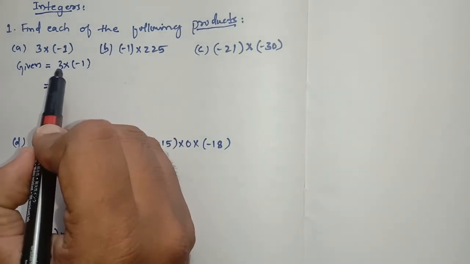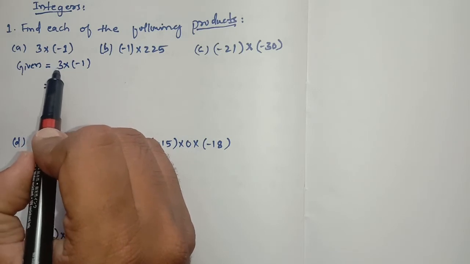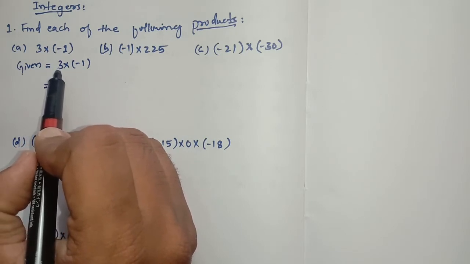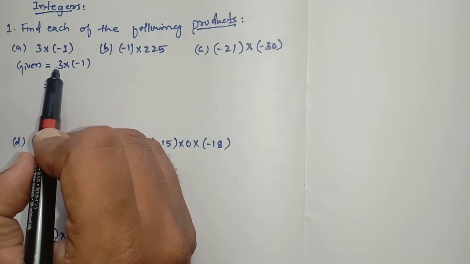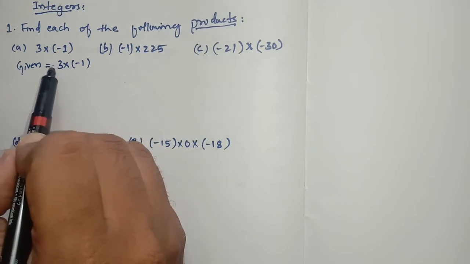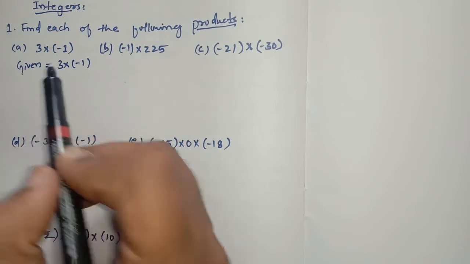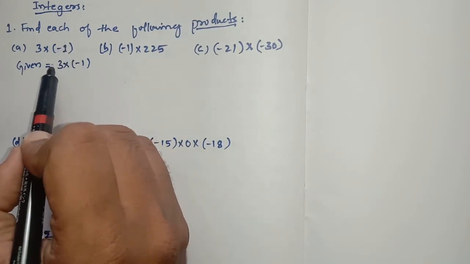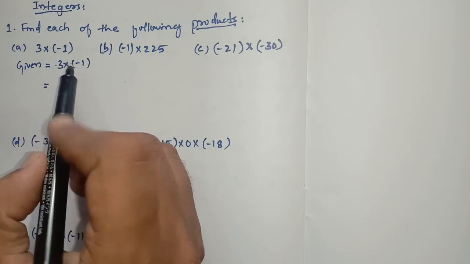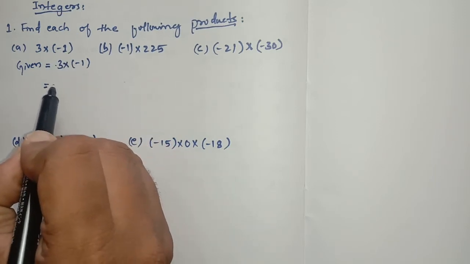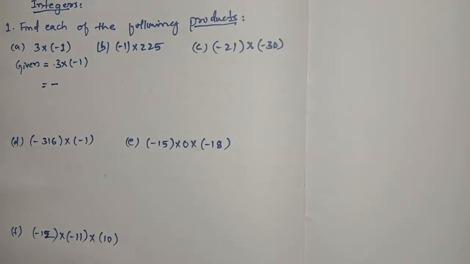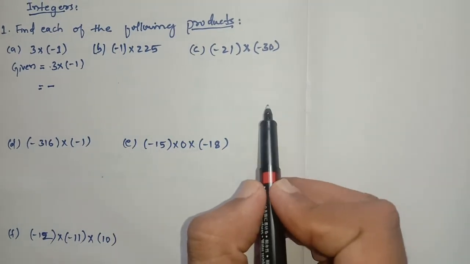Here the sign of 3 is plus. Keep in mind, if the sign is not mentioned before the number or variable, the sign will be plus. Here the sign is not mentioned, so the sign is plus. This plus into minus is minus. I'll write here, this is very important.